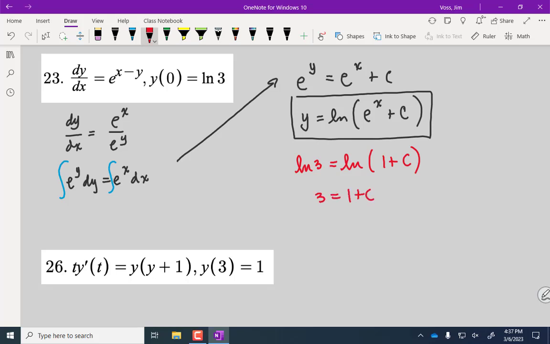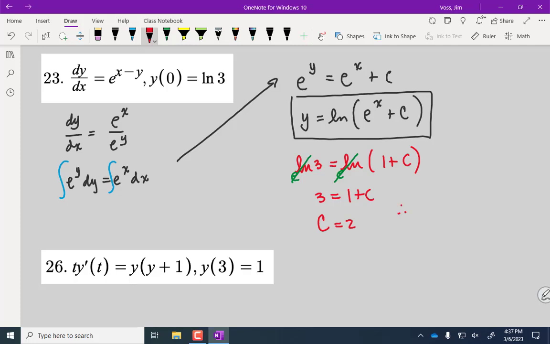Please don't think of that as division. We're not dividing the natural log away. What are we doing to make it disappear? We're exponentiating, so that's how those cancel. And that tells us that c is going to be 2.